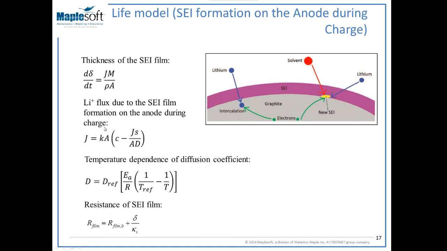And J is described by this algebraic expression, which is dependent on the reaction rate, area, concentration of the electrolyte, and the diffusion coefficient. The diffusion coefficient D is also dependent on temperature, and it is described by using Arrhenius equations.